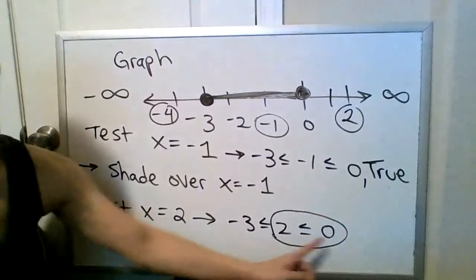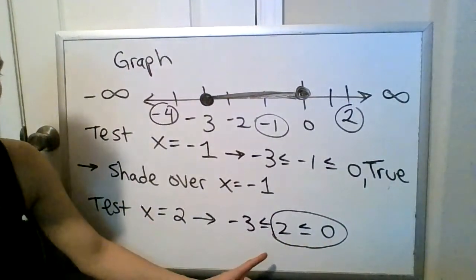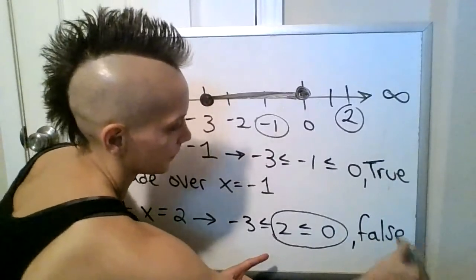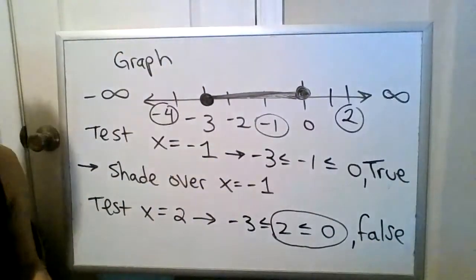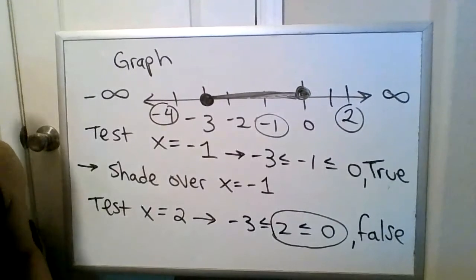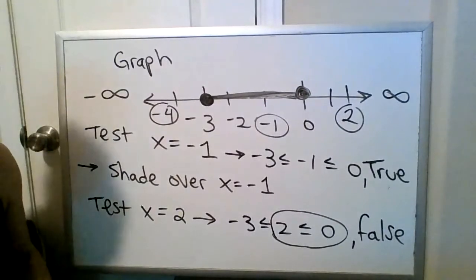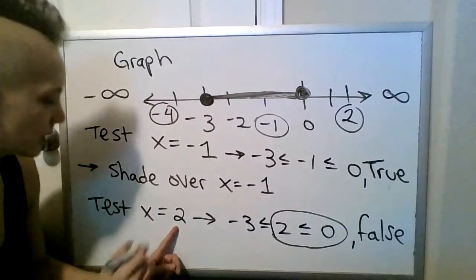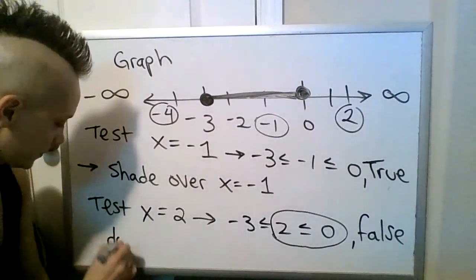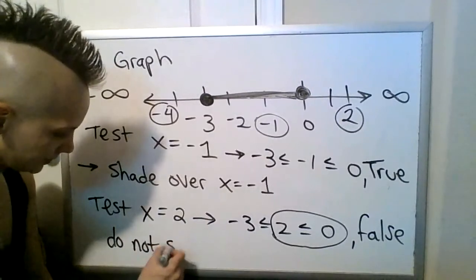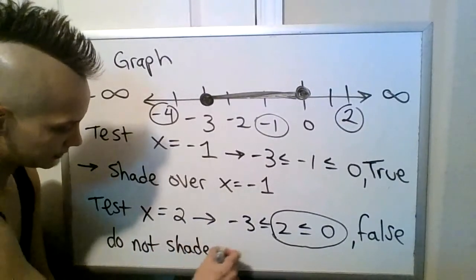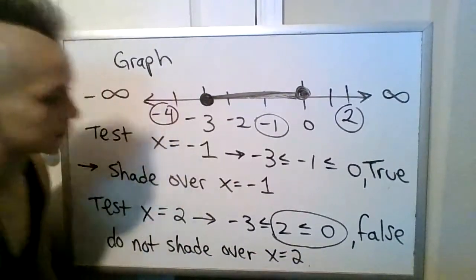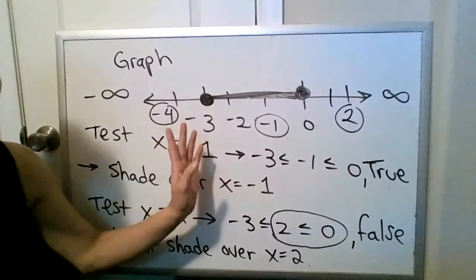And if it's an and statement like this, when one part is false, the whole thing is false. We're not going to shade the interval that has x equal to 2. Which means we're done with the graph.